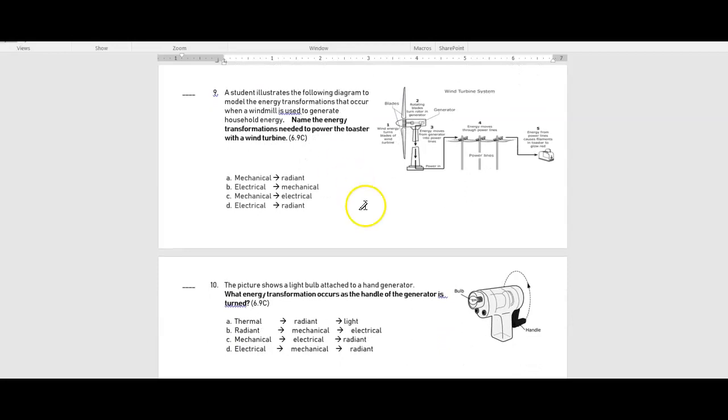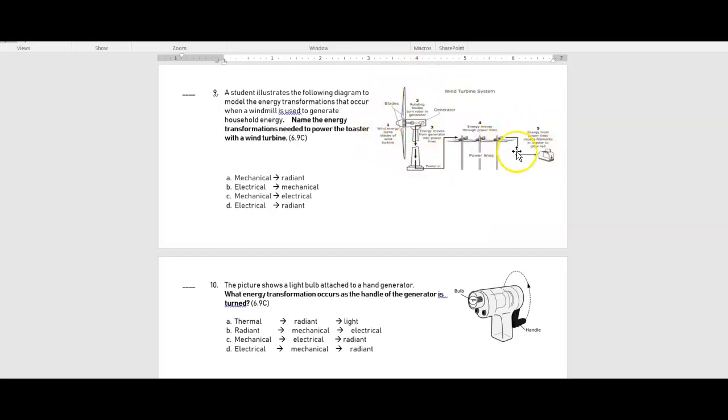Number 9. A student illustrates the following diagram to model the energy transformations that occur when a windmill is used to generate household energy. Name the energy transformations needed to power the toaster with a wind turbine. Okay, so we're looking at the wind turbine. The blades are moving here, and it's converting into what?